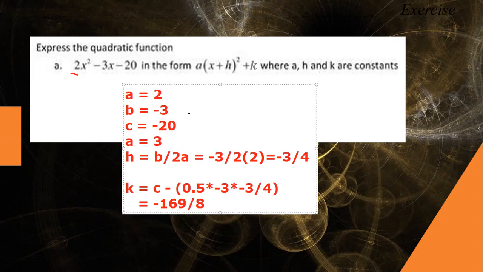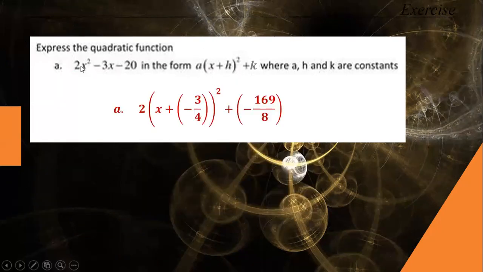So based on this, A is 2, H is negative 3 over 4, and K is negative 169 over 8, which means this quadratic expressed in this format will yield A is 2, H is negative 3 over 4, which we calculated before, and K is negative 169 over 8, also calculated before.